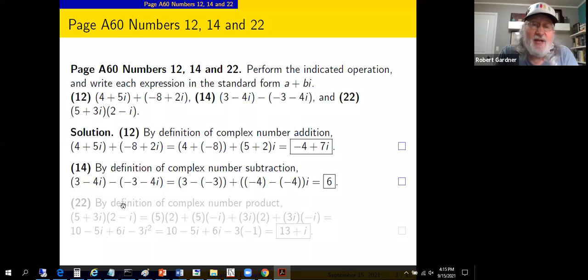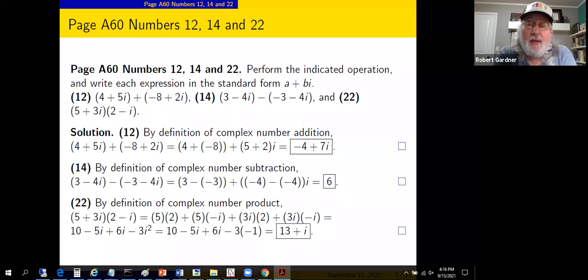And the difference of the imaginary parts, -4 minus -4, the imaginary parts here. 3 minus -3 is 6, -4 minus -4 is 0. If you want, you could write this as 6 plus 0i, but it's standard just to not put the 0i term down and simply write this as 6. So it turns out this is a real number because the imaginary part isn't there. The imaginary part is 0.